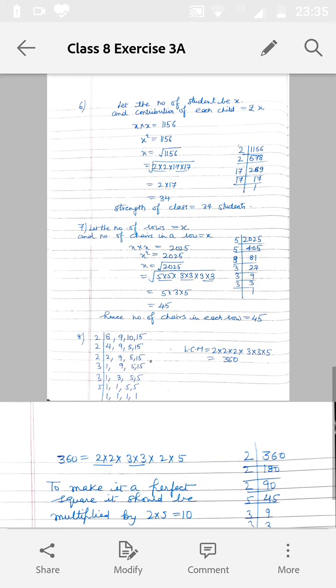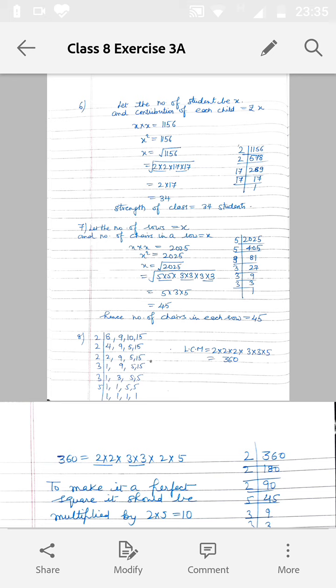In the sixth question, I am reading question number 6 for you. Then only you will understand it in a better way. The students of a class arranged a picnic. Each student contributes as many rupees as the number of students in the class. So I have assumed that the total number of students is x, and the contribution of each child is rupees x as well.